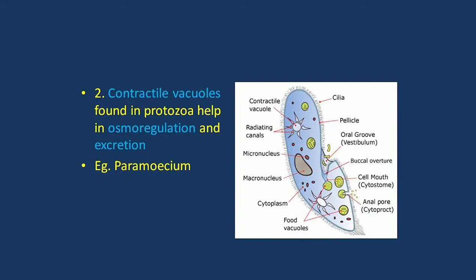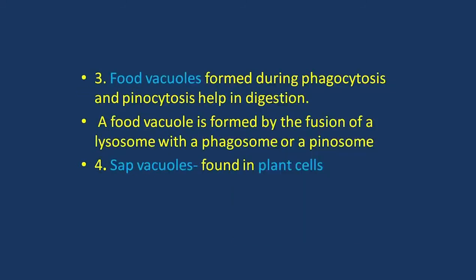They help in osmoregulation or maintenance of the fluid balance of the body and in excretion. Third, food vacuoles or secondary lysosomes, which are formed during phagocytosis and pinocytosis, which help in digestion of food materials. A food vacuole is formed by the fusion of a primary lysosome with a phagosome or a pinosome.